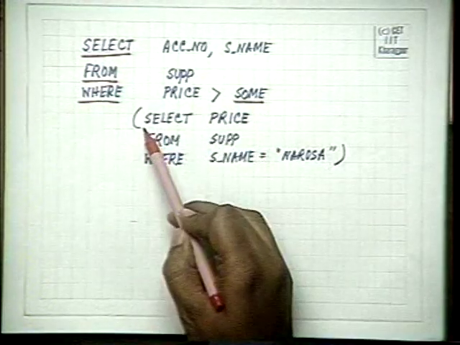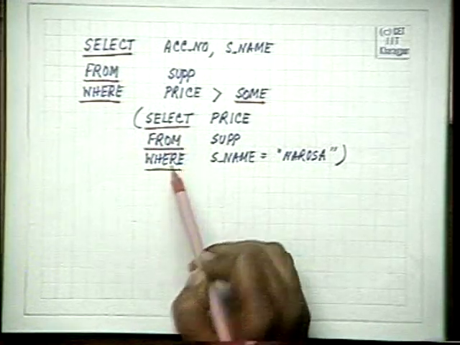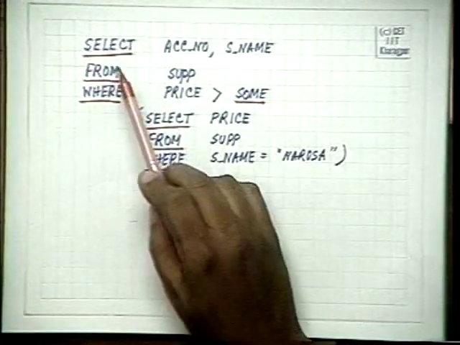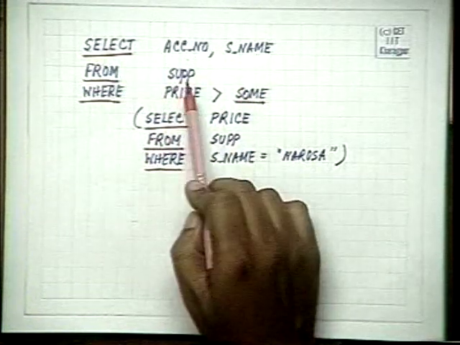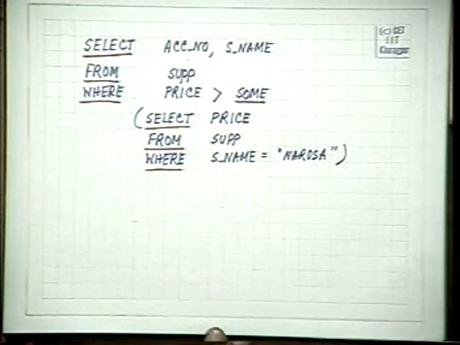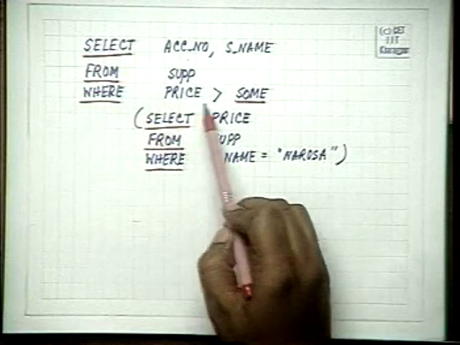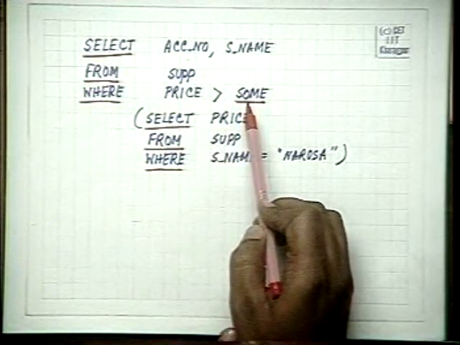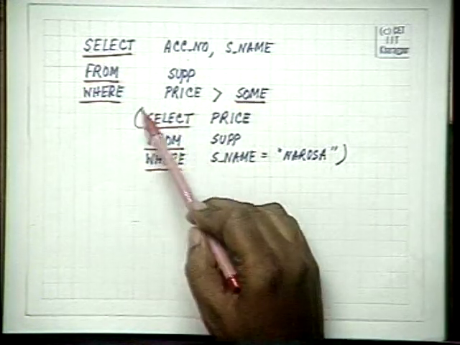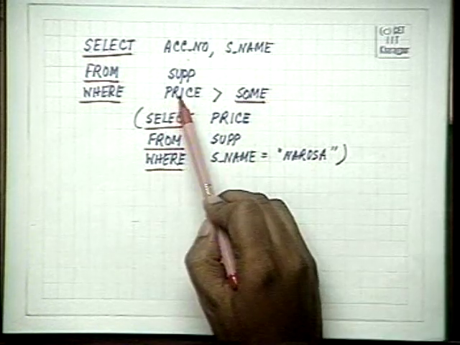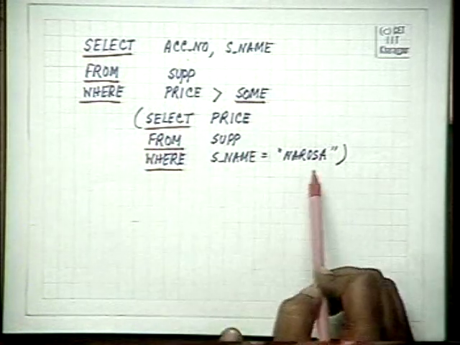Underlined are the keywords. These are SQL keywords. Select accession number, S name from sub where price is greater than some. Now, this element is greater than some element in this set.